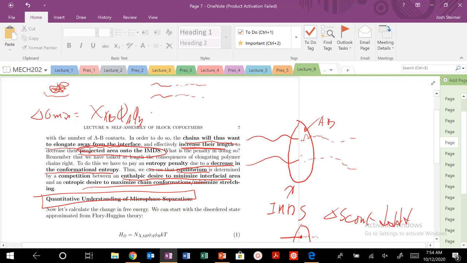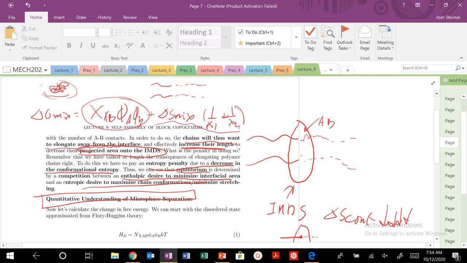And then we also had our delta S of mixing term, and we know that delta S of mixing scaled as 1 over x1 and 1 over x2. So in my disordered state I'm going to have to account for this interaction somehow. But what's going to be the magnitude of this delta S of mixing?